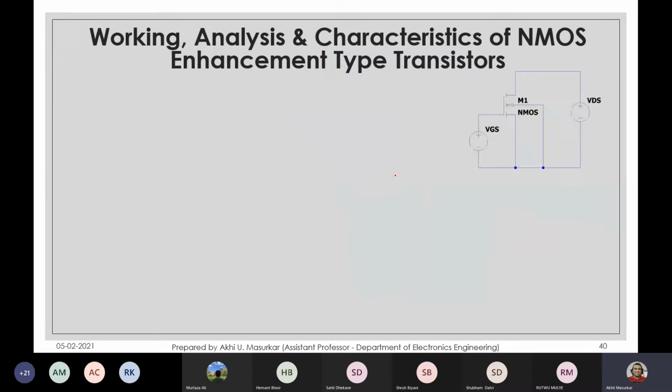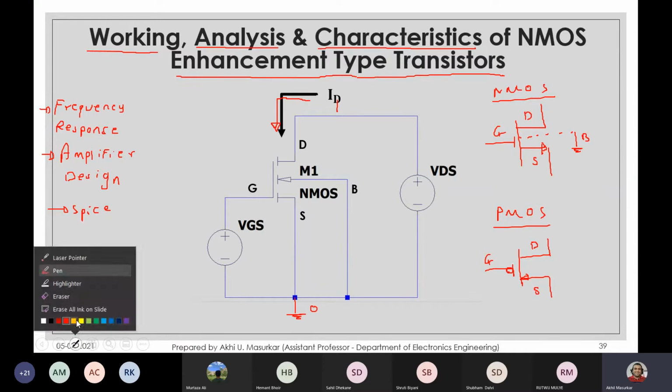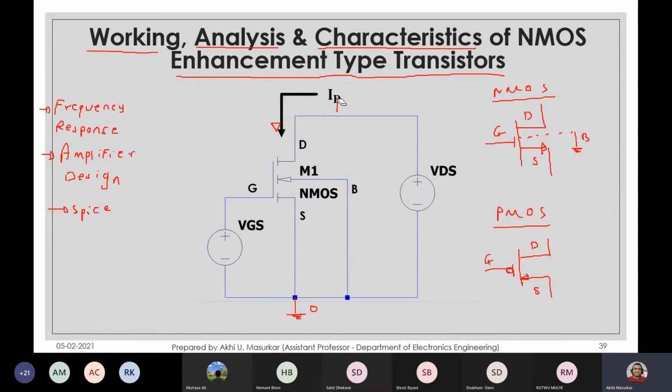This is my ID. Please note that this is my drain current, and it always flows from drain to source.